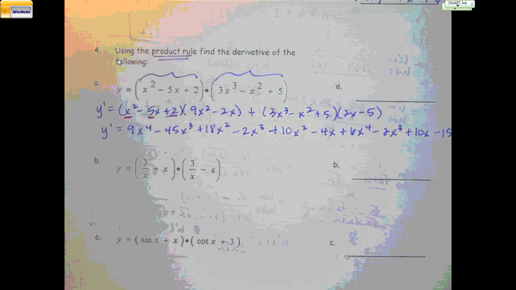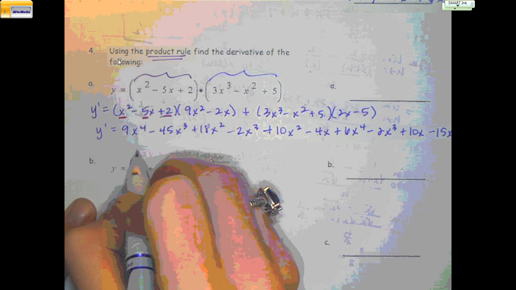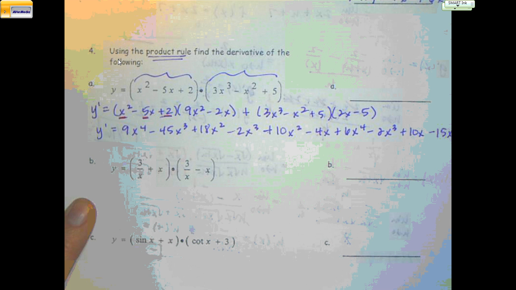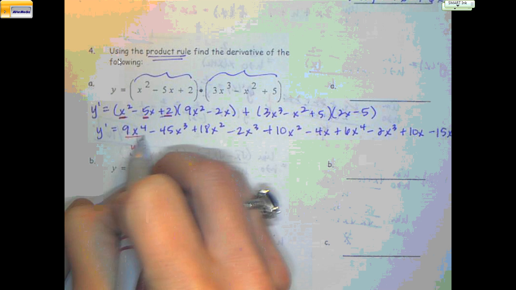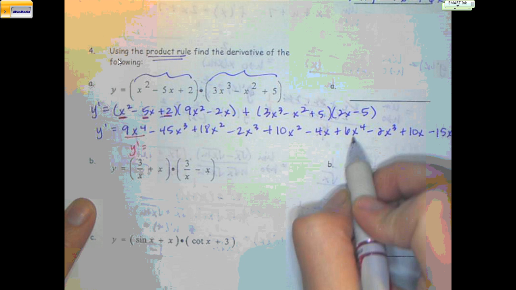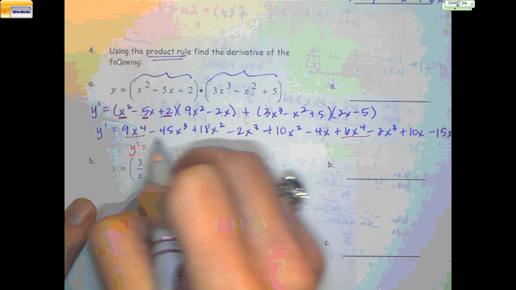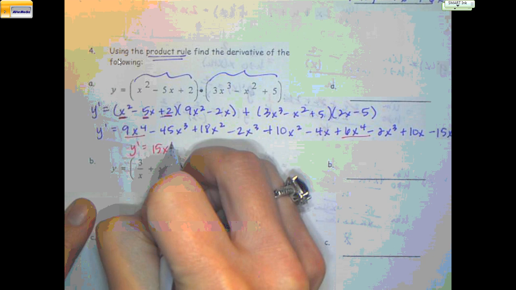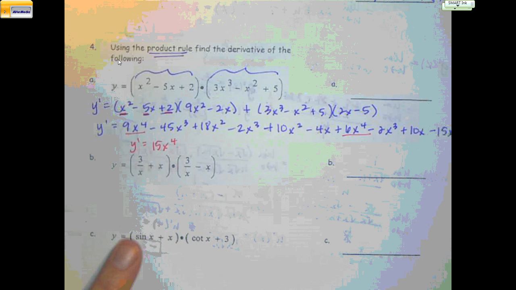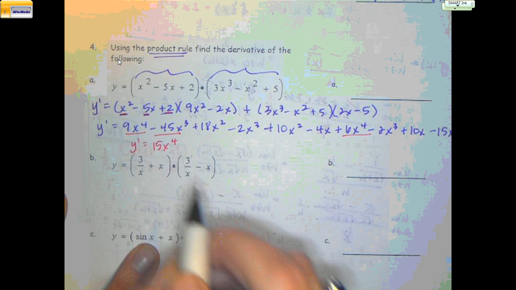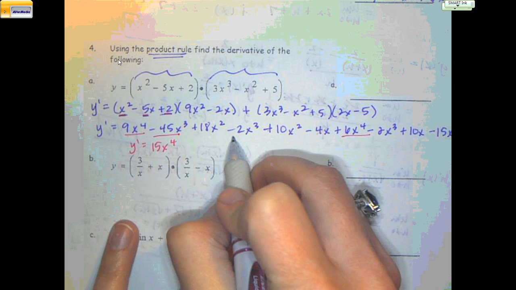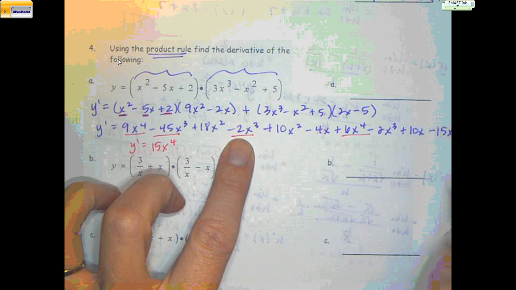All right, let's start putting stuff together. I'm going to use a different color pen here. I've got 9x to the fourth and 6x to the fourth, so that's 15x to the fourth. I've got negative 45x cubed, and negative 2x cubed is negative 47x cubed.